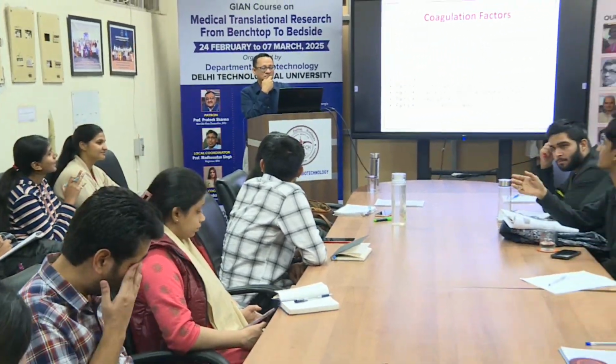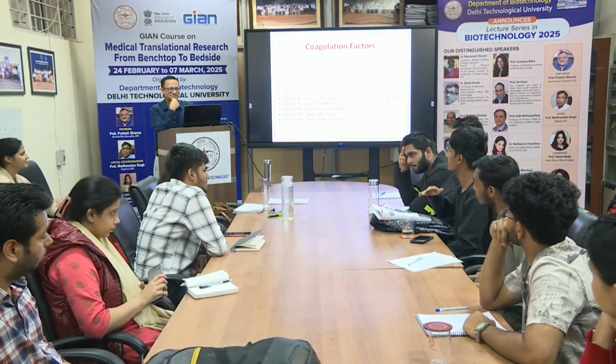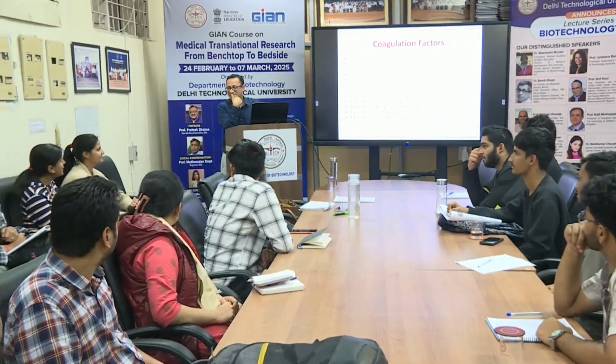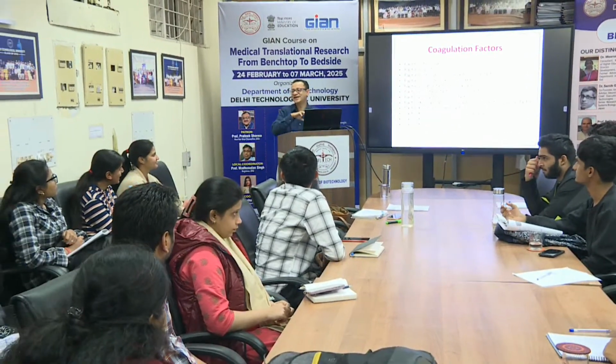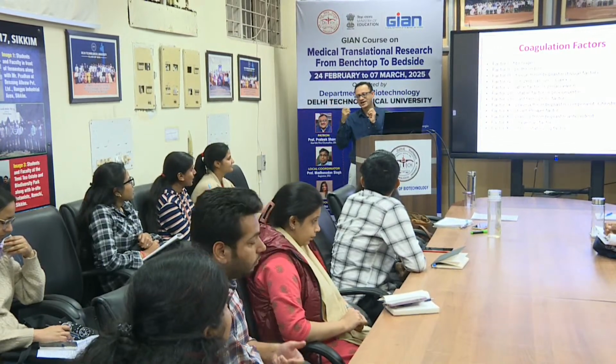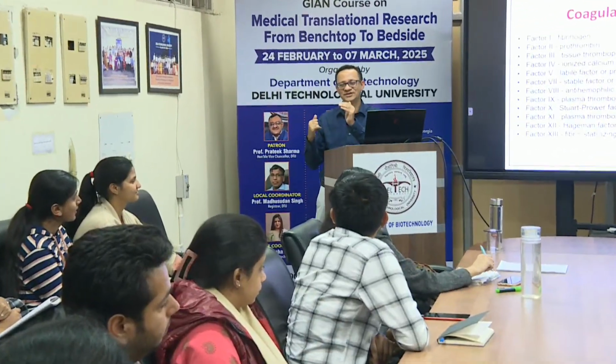Factor 10 gets activated, it converts prothrombin to thrombin, which then activates the conversion of fibrinogen to fibrin, right? And fibrin strands, and then activated factor 13 converts fibrin strands and makes them cross-linked, and now the clot that was loose is getting properly cross-linked, right?